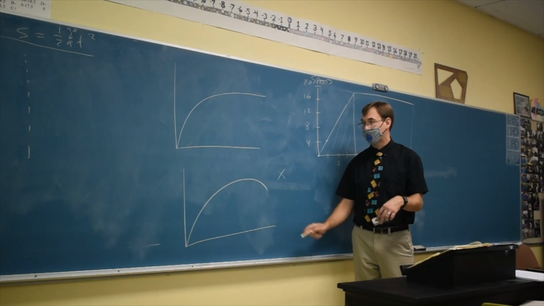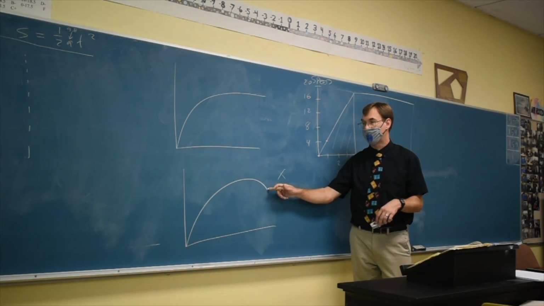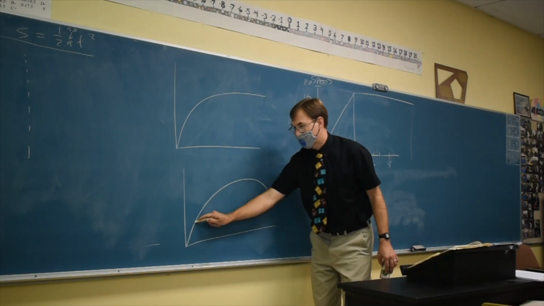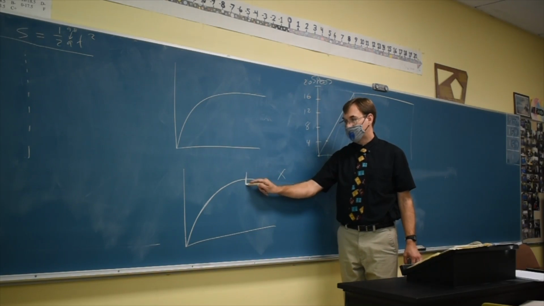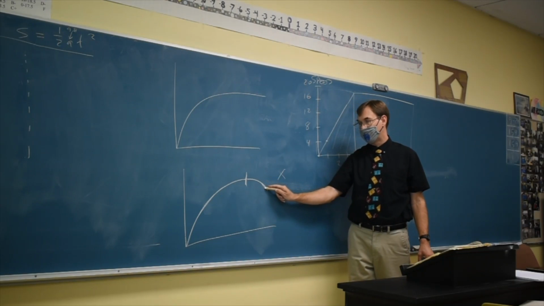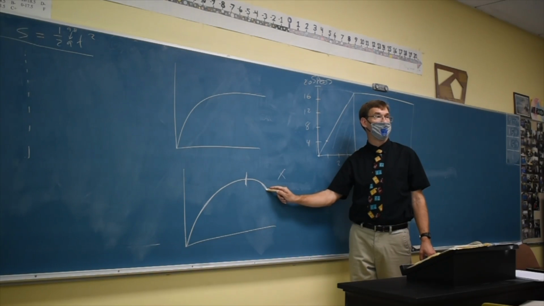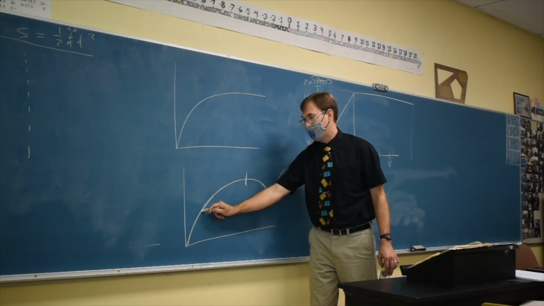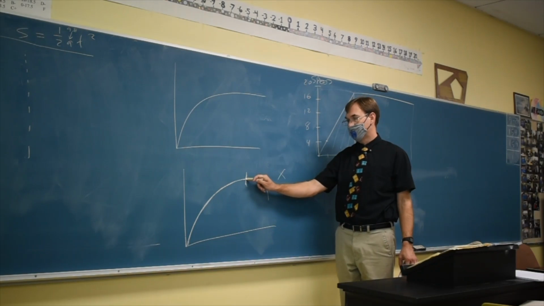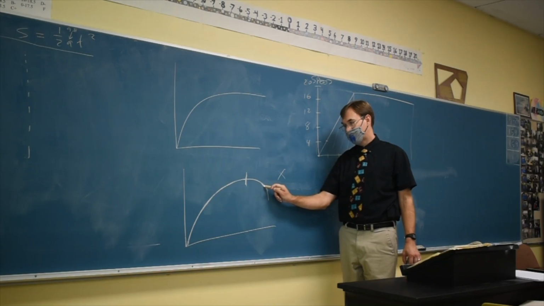Because it changed direction. This is a picture for changed direction. This is getting less steep, yes, for a while, but once you hit here, then what did it start to do other than change direction? Get steeper again. So it's like slowing down, slowing down, slowing down, stopping, getting faster again, just coming the other direction.